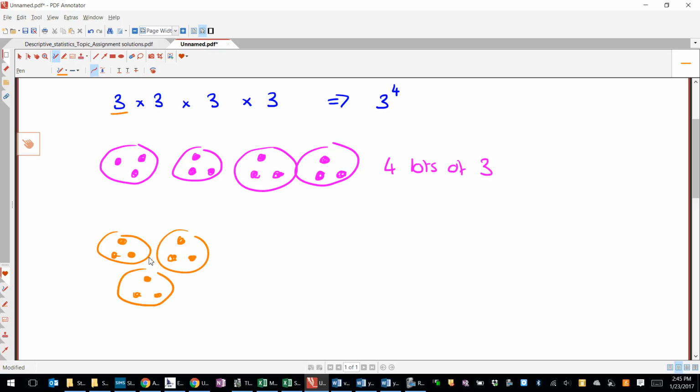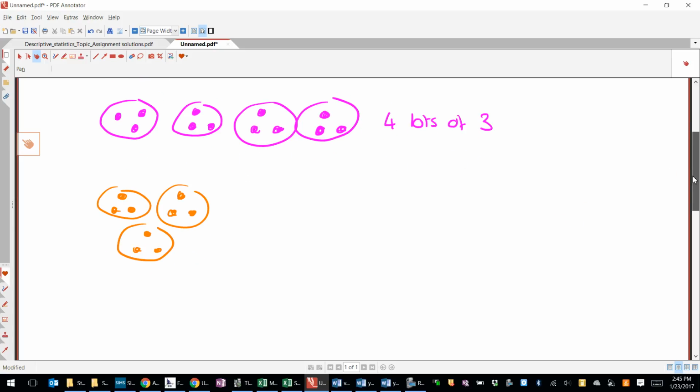And then if I did 3 times 3, which is this, times 3 again, that would mean I would need 3 of this much. So I would then have to go 1, 2, 3, 1, 2, 3, 1, 2, 3, and then another 1, 2, 3, 1, 2, 3, 1, 2, 3.